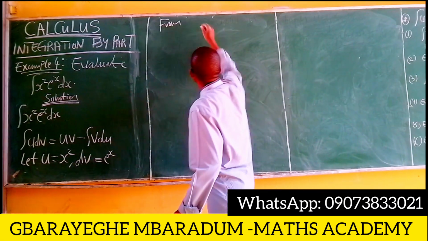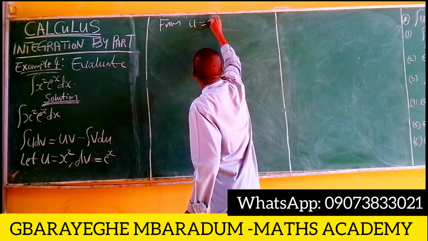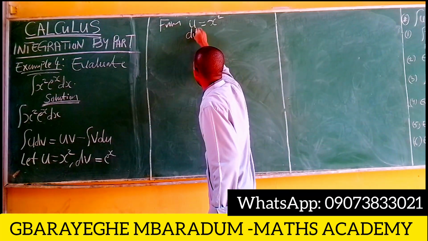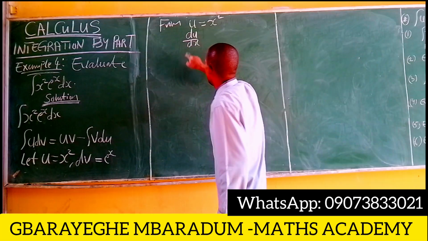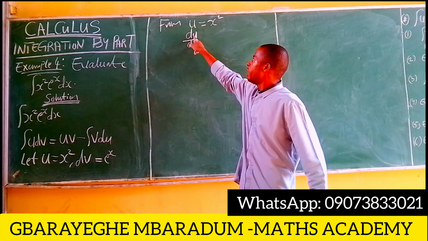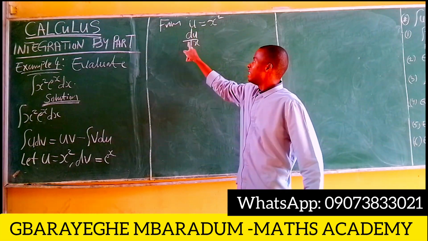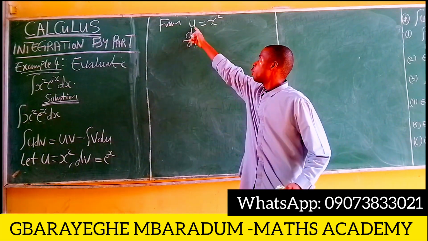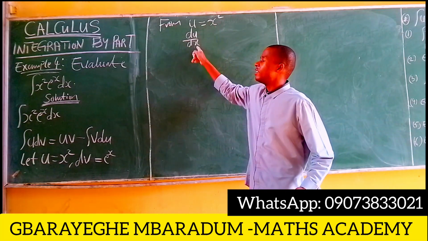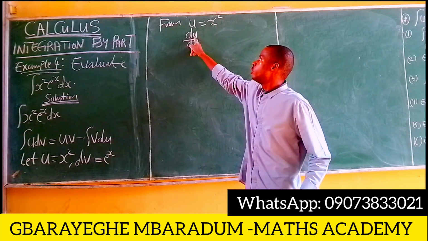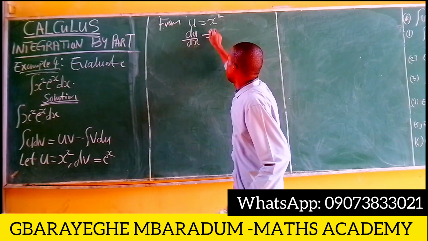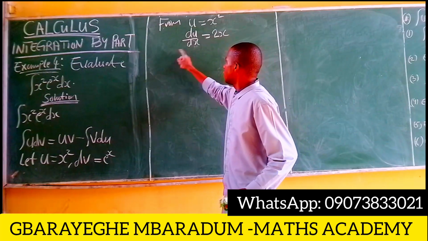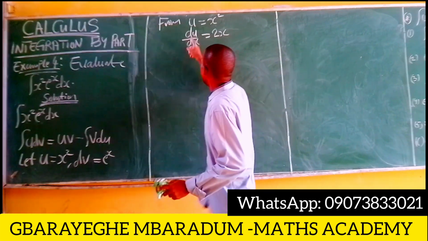From here, let's say u equals x squared, right? First, to get our du, we differentiate this function of u with respect to x.